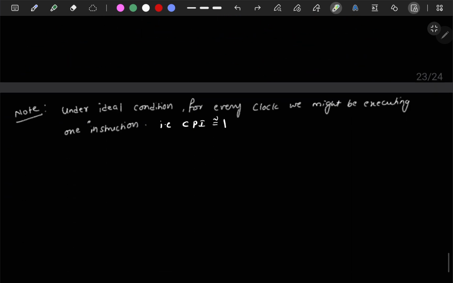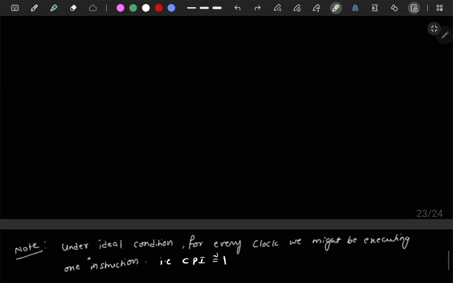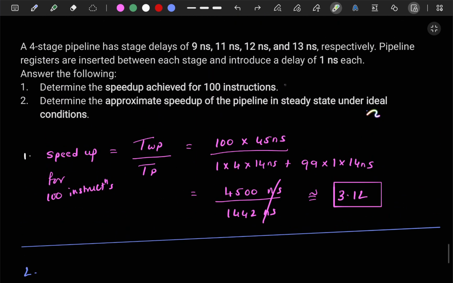Under an ideal condition, for every clock we execute one instruction, that is, CPI will always be 1. So whenever such a question comes regarding ideal condition, it's better you don't calculate for 100 instructions. You just look at how much time one instruction takes.